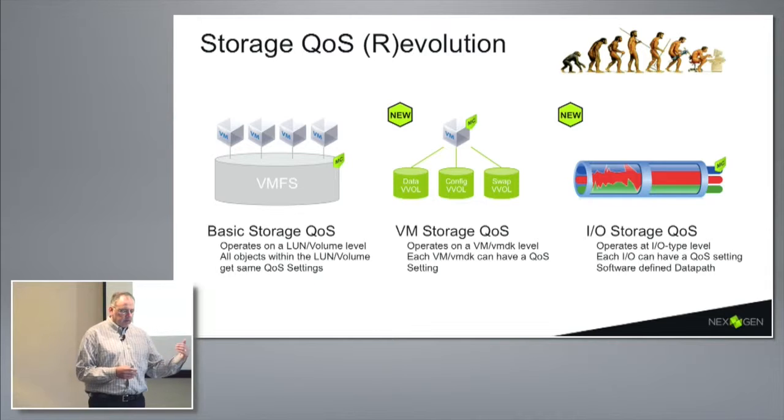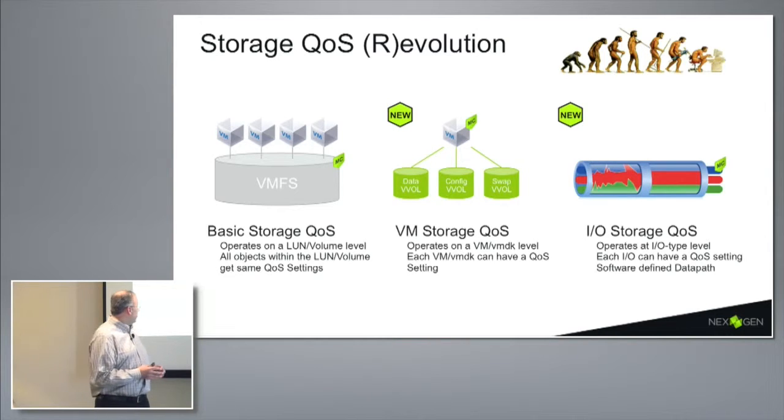All objects that are in that LUN or that volume would have the same quality of service settings. We had an eye towards virtual volumes with VMware from the get-go with our product and the quality of service that we can do. And so with virtual volumes, now you can take that storage QoS and it operates on a VM or even a VMDK level.